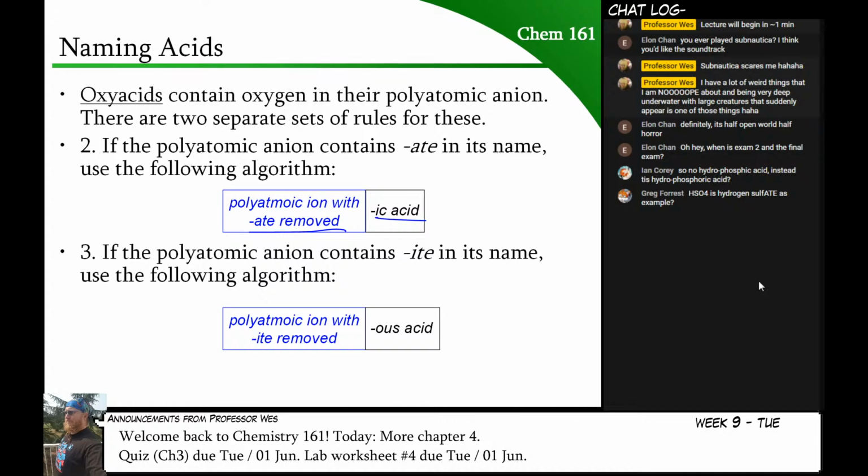HSO4 is missing some H's in there. And also, that's not a binary acid, so it would not follow the previous rules. HSO4 would follow these oxyacid rules. More specifically, H2SO4.